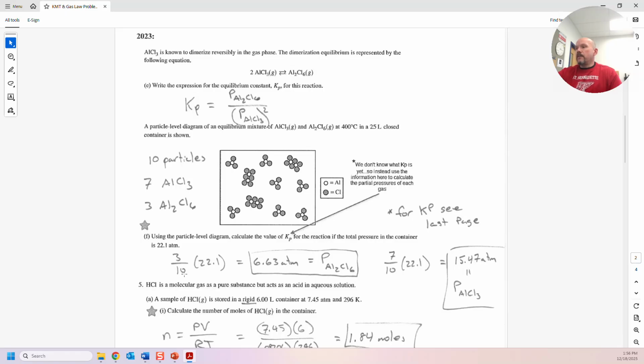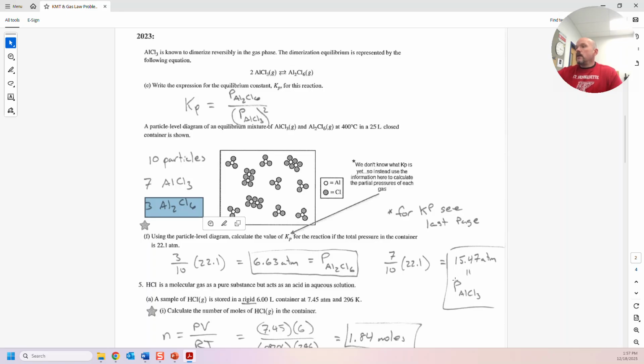So if we do 3 divided by 10 times the total pressure, that'll give us the partial pressure of the Al2Cl6. When we do that, the partial pressure of Al2Cl6 comes out to be 6.63 atmospheres. And then if we do 7 out of 10, 70%, times 22.1, that'll give us the partial pressure of the AlCl3, the aluminum chloride.